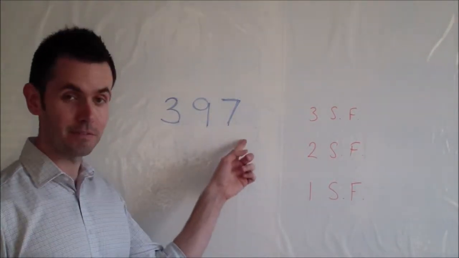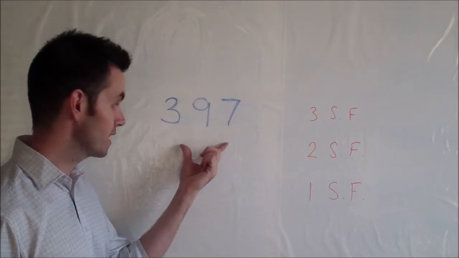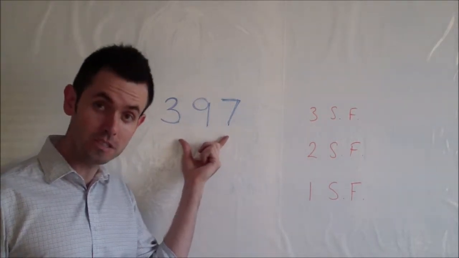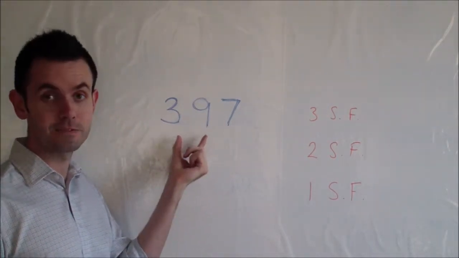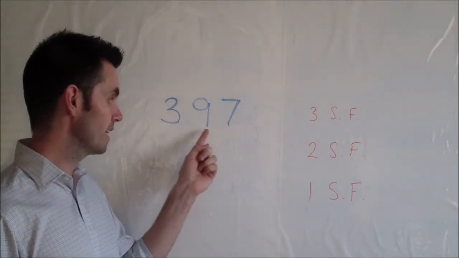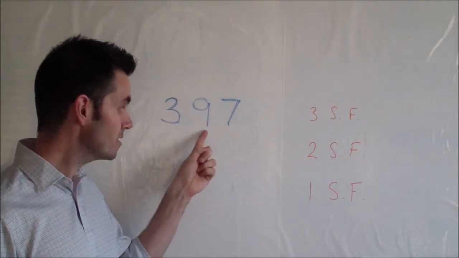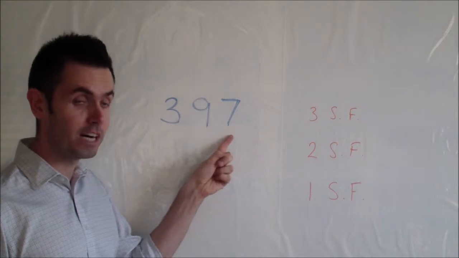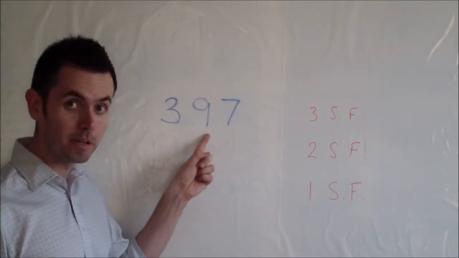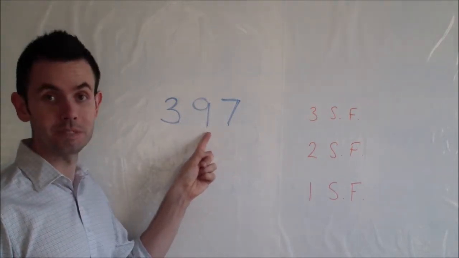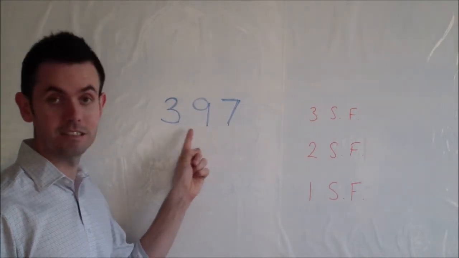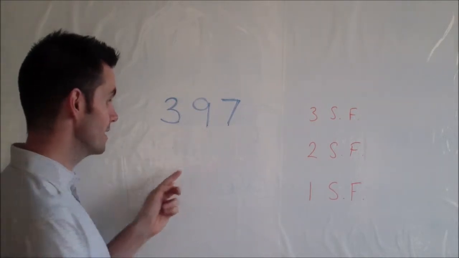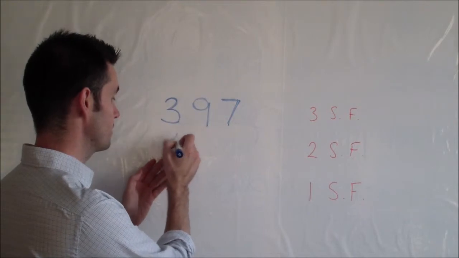Well, 397 at the moment has 3 significant figures. In order to write it to 2 significant figures, we need to look at these first 2 digits, the 3 and the 9. Now, because the next digit is greater than 5, we need to round up the 9 to a 10, which makes this a 4. So it's 40 to 2 significant figures.